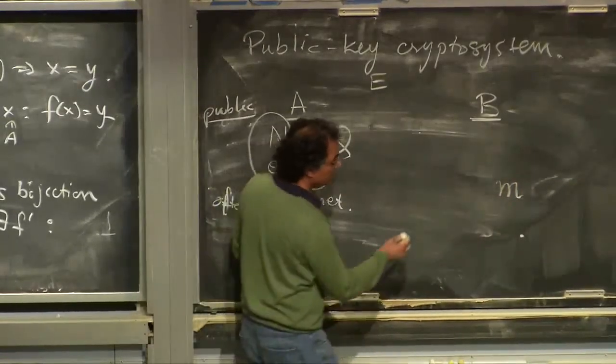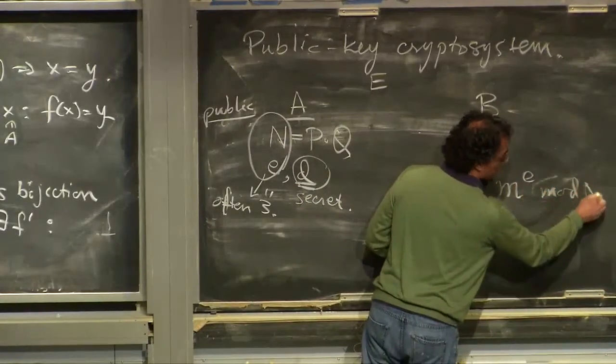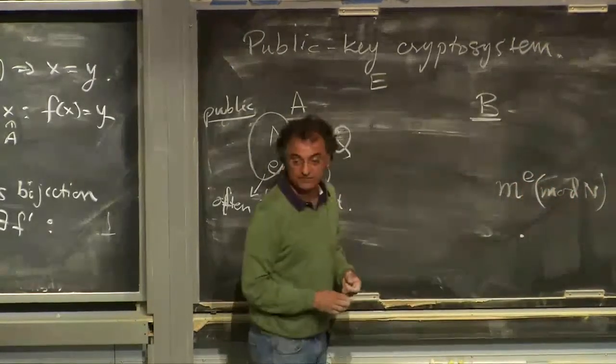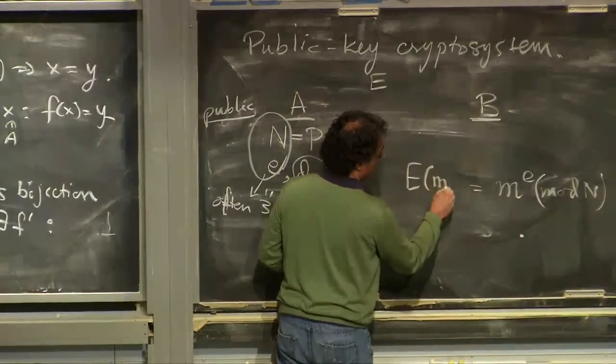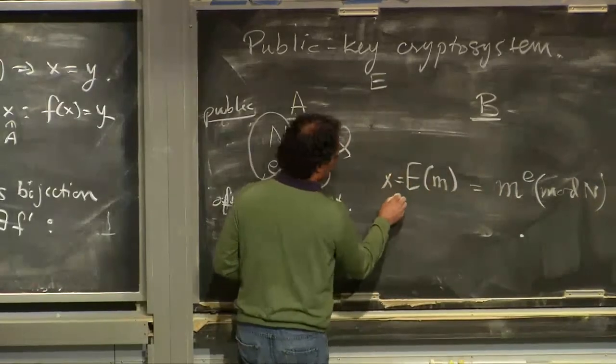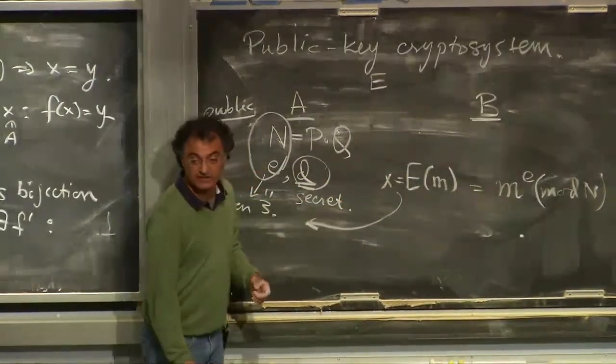To encrypt it, he takes M, he raises it to the E, mod N. All that's easy. That's the encryption of M. Call that X. So this is what he sends to Alice.